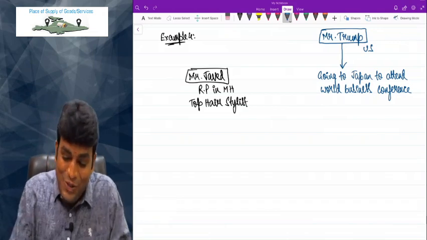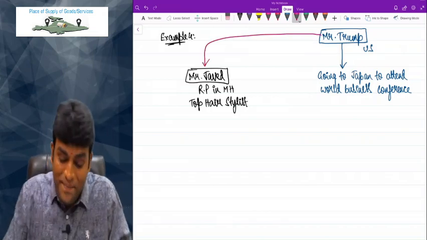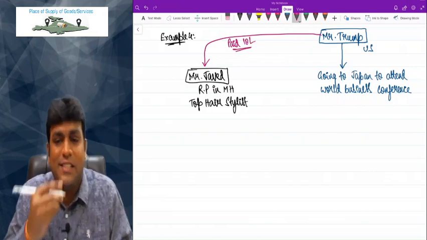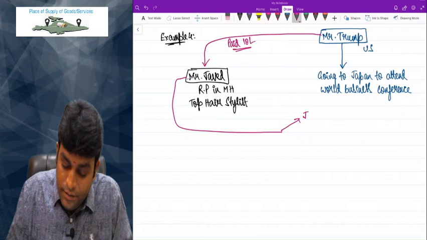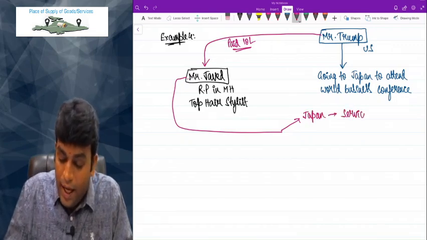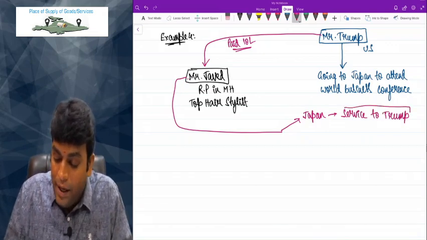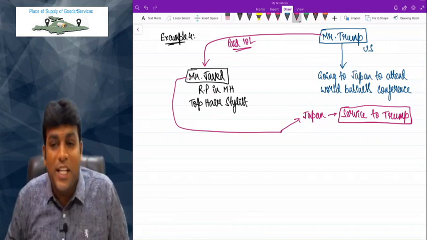So for that purpose, Trump contacted Javed and told him, my dear Javed, I'll pay you 10 lakhs. Please come to Japan to supply service to Trump. In other words, please come to Japan and do hairstyling for Trump, because you are the top hairstylist in the world.